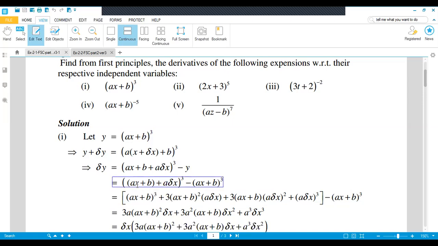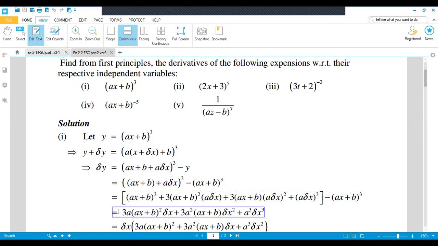So with the help of the cube formula, we open it. Consider this complete value is x, and this one, a delta x, is y. So the first value whole cube plus 3, first value square into second value plus 3, first value into second value square plus second value cube. And this one value you write as it is.